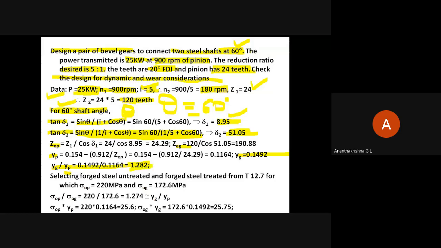Then I have chosen forged steel untreated and forged steel treated from table 12.7, and I found their static stress values to be 220 and 172.6. So what I'm going to get is almost 1.274, which is close to 1.28. That is the material that I'm going to choose, and find out the weaker of the gear pair.